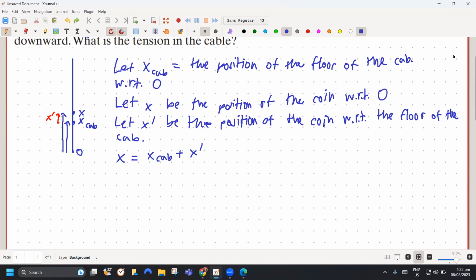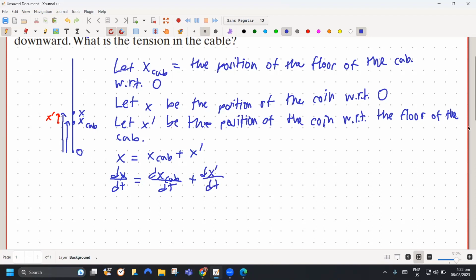And then kung gumamit ka ng Leibniz notation, d squared x dt squared, or ano, first derivative muna. Ano yung makukuha mo? dx/dt equals dx cab/dt plus dx prime/dt.